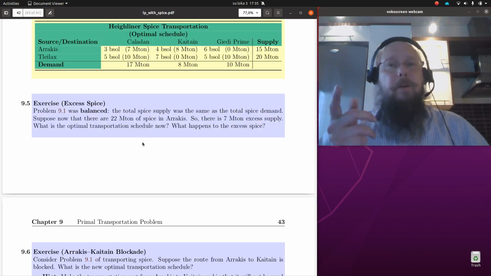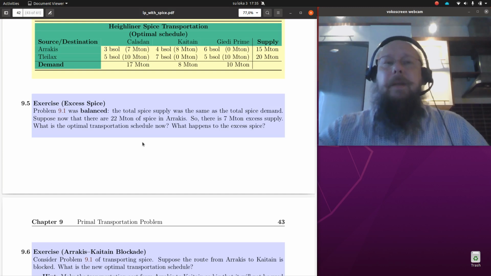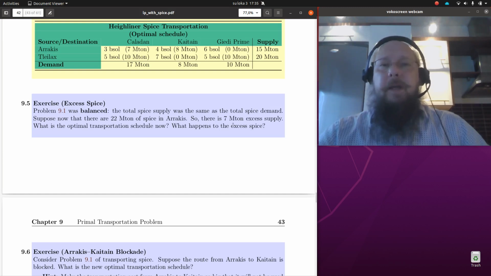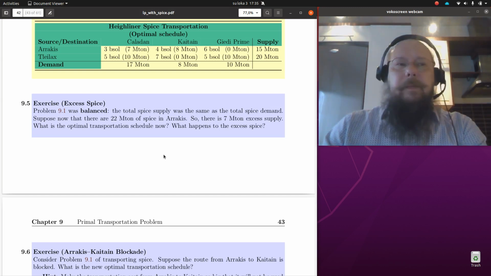You can also use the more elegant solution we will explain later if you wish. And then there is an additional question. What happens to the excess spice? Now there is 7 megatons excess. What happens to that? Alright, so that's exercise 9.5.